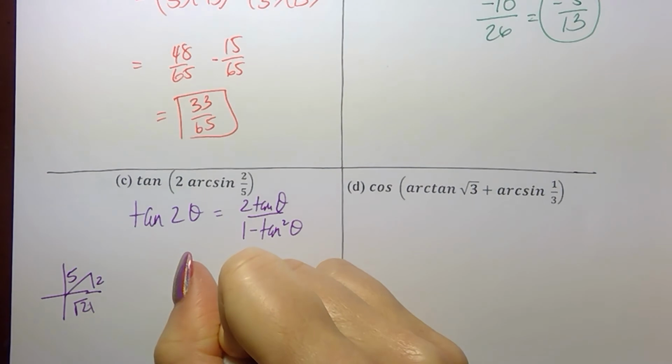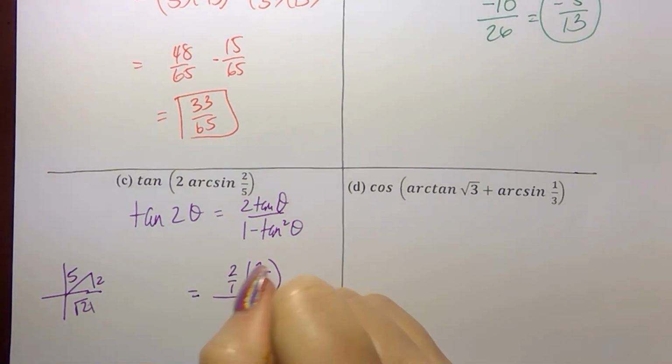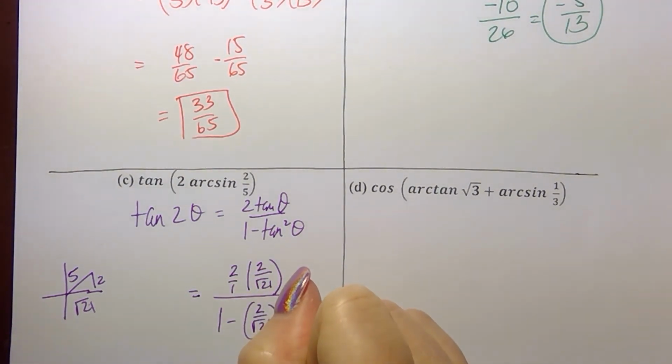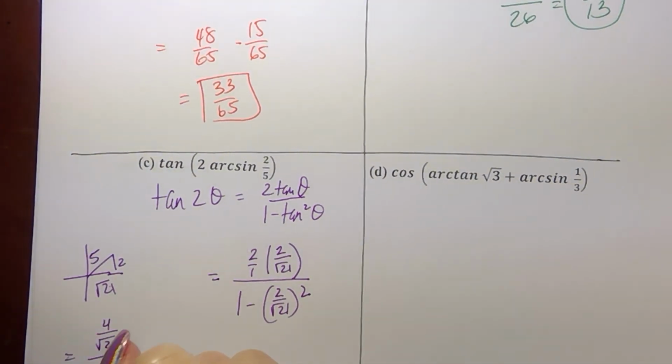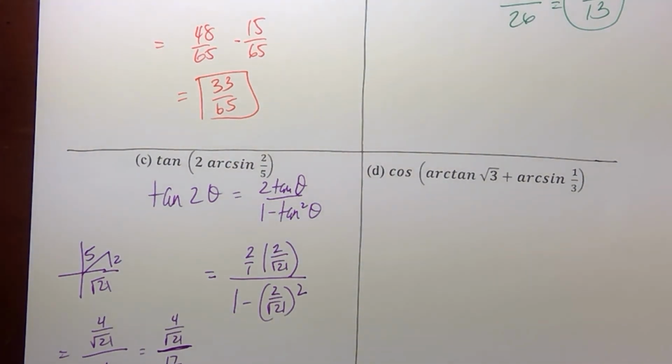So I plug in my values. I get 4 over square root 21 in my numerator, 1 minus 4 over 21 in my denominator. If I do 1 as 21 over 21, my denominator becomes 17 over 21. I'm going to treat this like a big division problem, so I multiply by the reciprocal of the denominator.